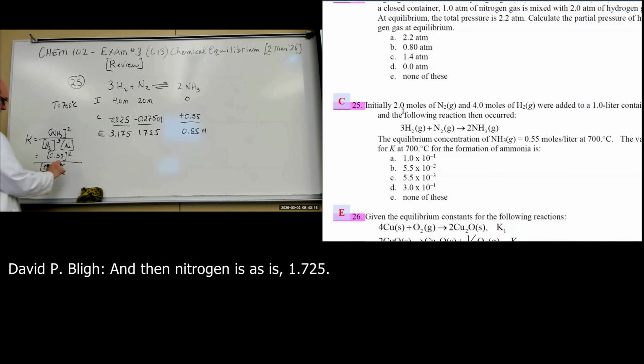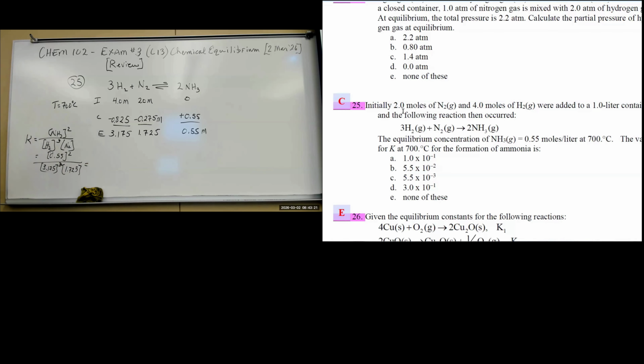And then nitrogen is as is, 1.725. There we go. So let's see what we get. Squared and 3.175. Enter.